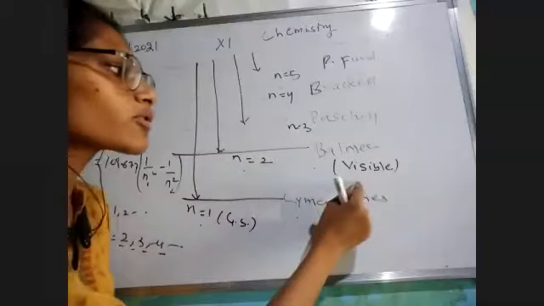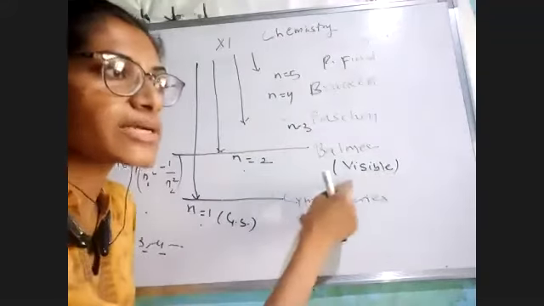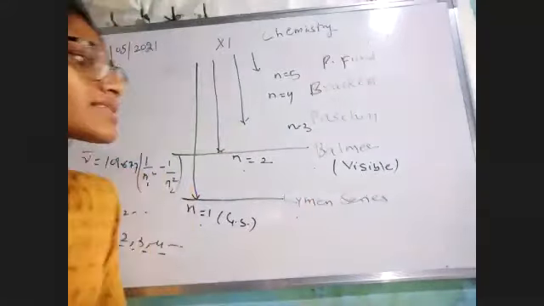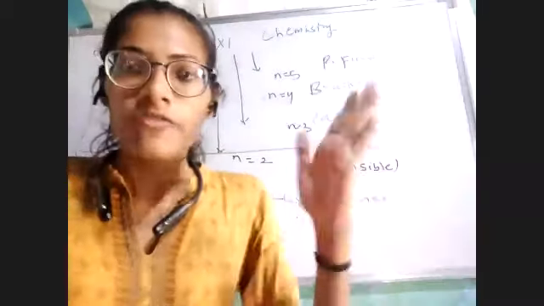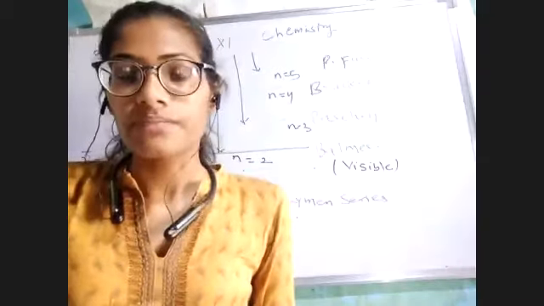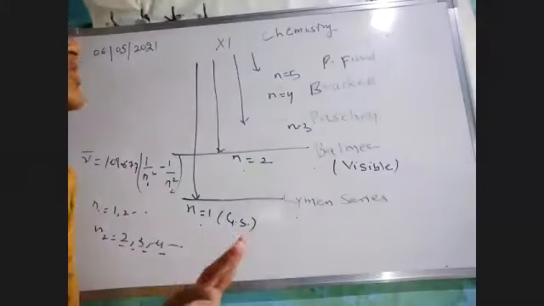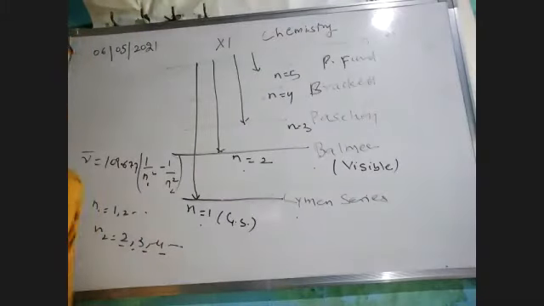I am stressing only on the Balmer because this is visible to us. So this is something we can see whenever they release radiation. So this was the whole concept about the line spectrum.